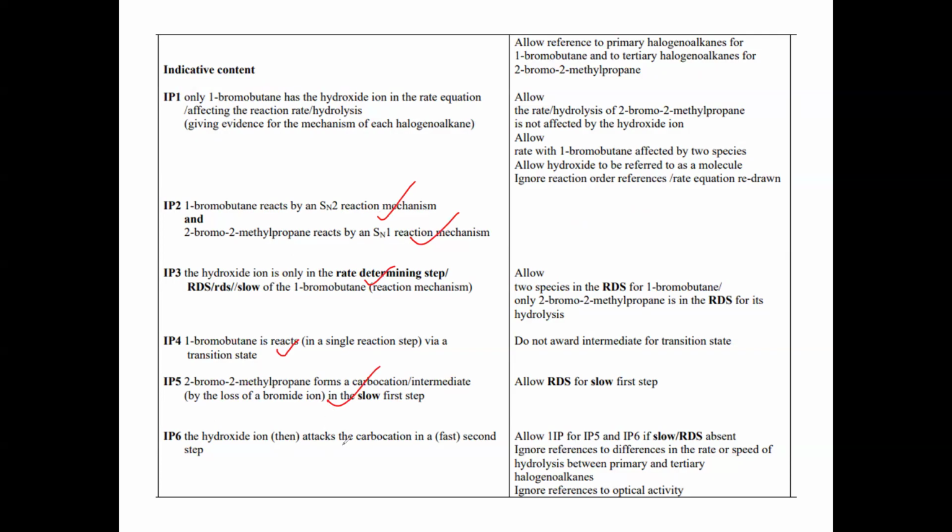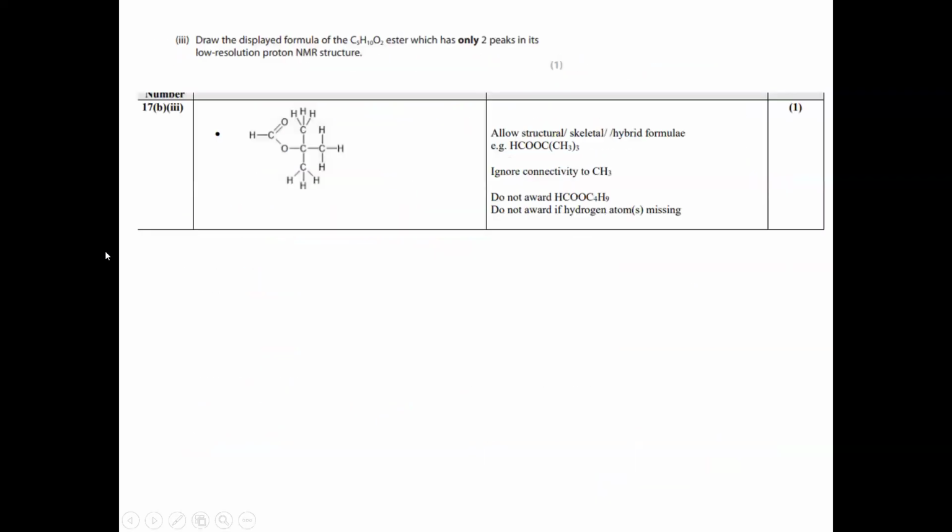The hydroxide ion attacks the carbocation fast in the second step. If I talk about those things, then we will get marks. So we'll write a sample answer. When you write the sample answer, you will understand how we can use these 6 marking points in a logical order. Okay, so this is the sample answer.